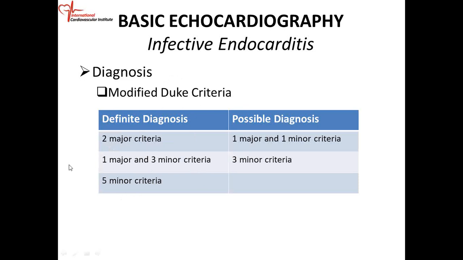So for the definitive diagnosis, to make the diagnosis for sure, you need 2 major criteria, or 1 major and 3 minor, or 5 minor. For the possible diagnosis, where the patient may have infective endocarditis, you need 1 major and 1 minor, or 3 minor. This is just a possibility, not definite.